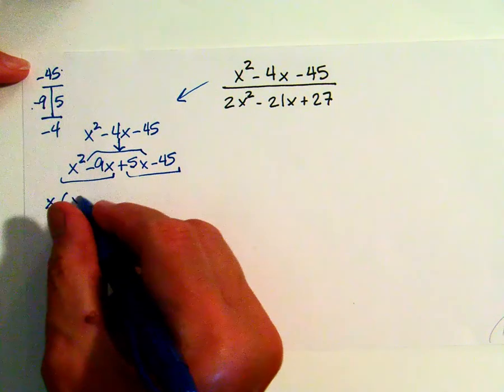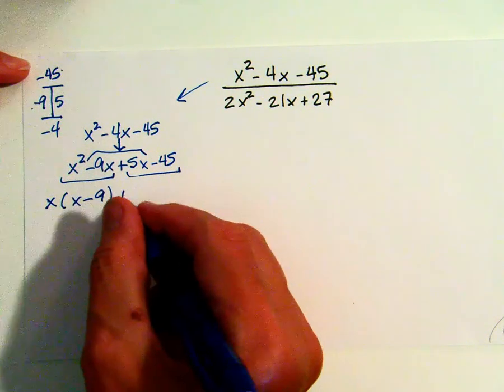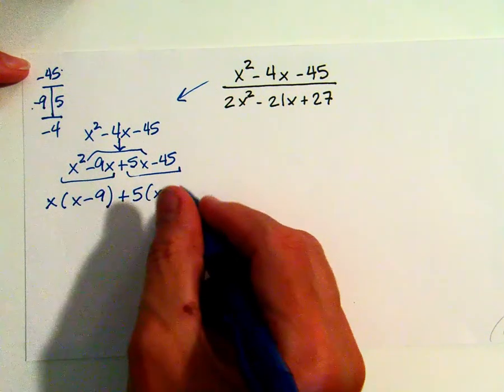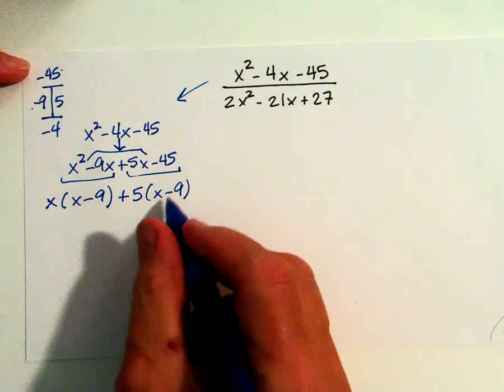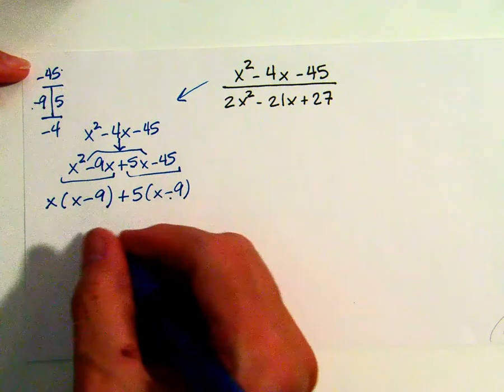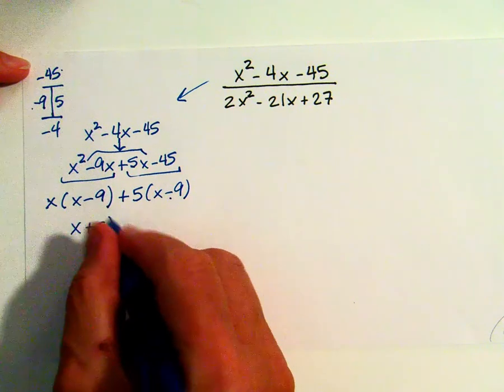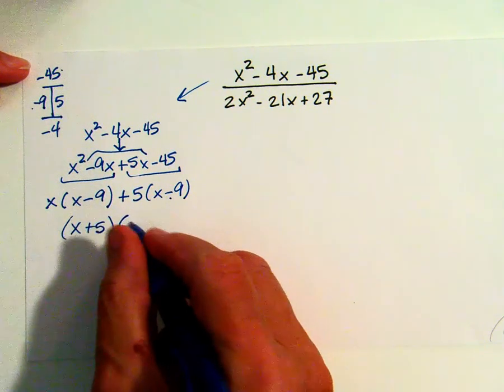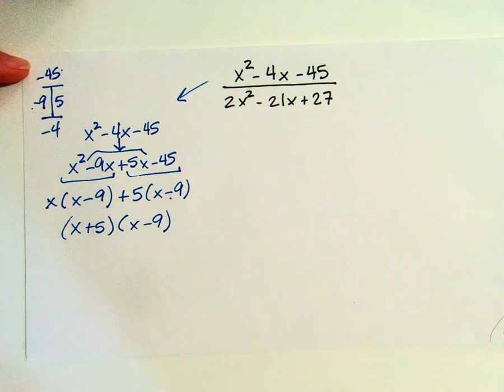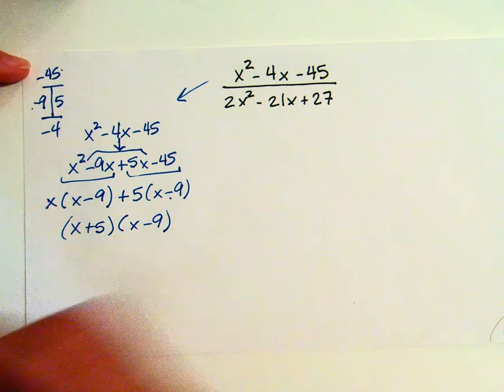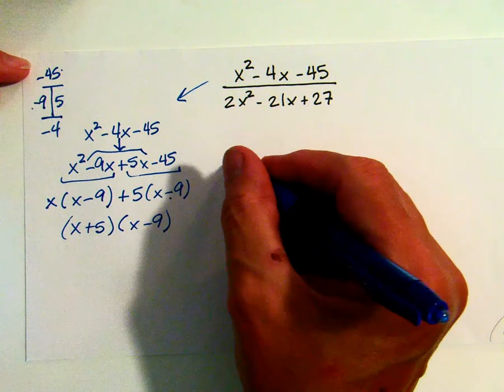They've both got an x. X minus 9 is left. They both got a 5. X minus 9 is left. She shoots, she scores! The parentheses is the same. Yay! Okay. So then I'll factor out or undistribute the outside ones, and I'll get this. That's my numerator. So I'm going to write that here's my numerator.